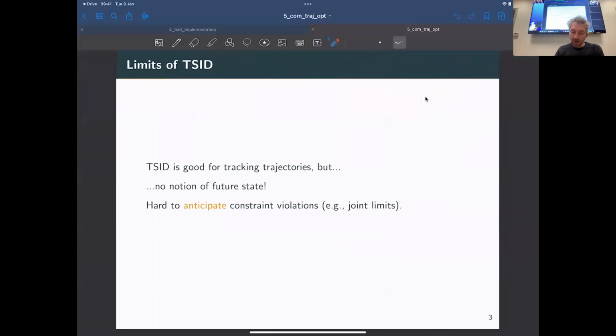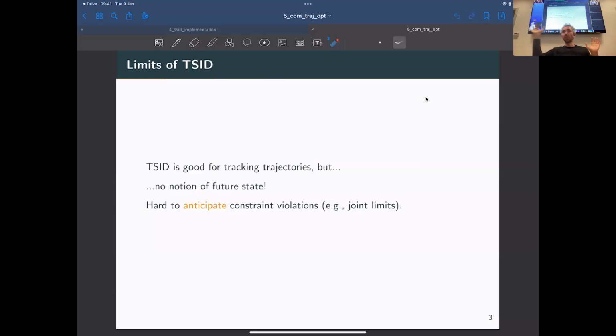The reason why TSID is not enough to make the robot walk, or actually to make the robot do also other stuff, but walking is a very good example, is that TSID has no notion of the future state. So we are just working in TSID, looking at the current positions, velocities, and accelerations, and that's it.